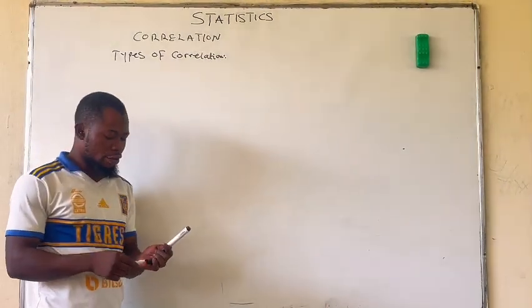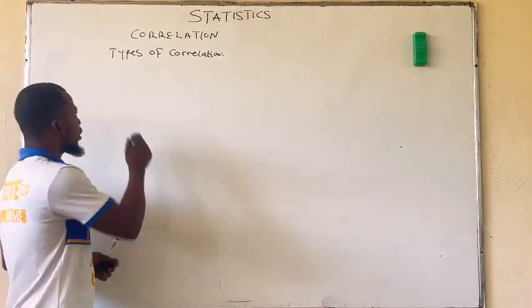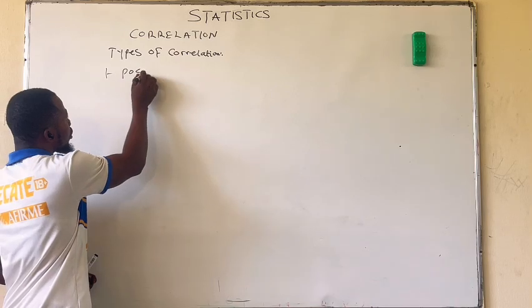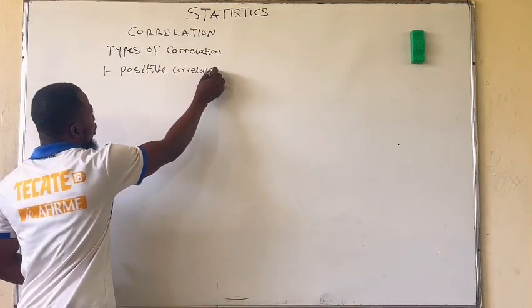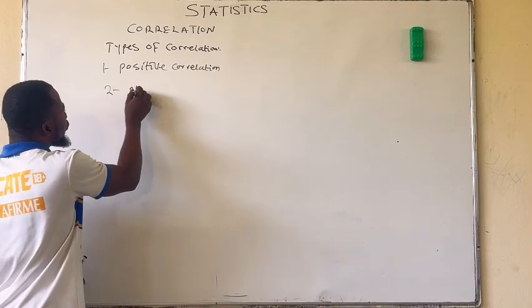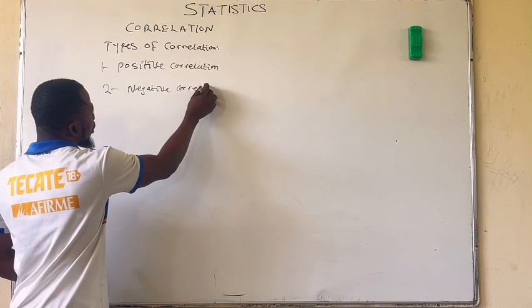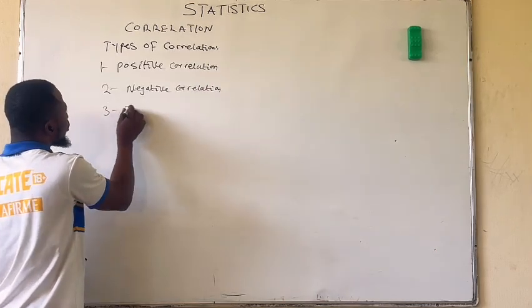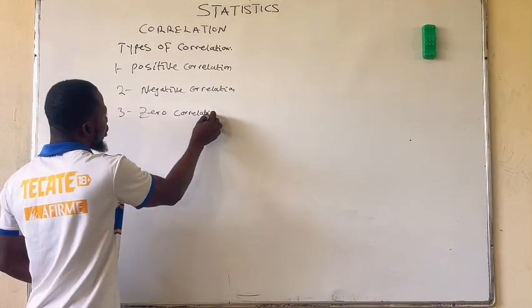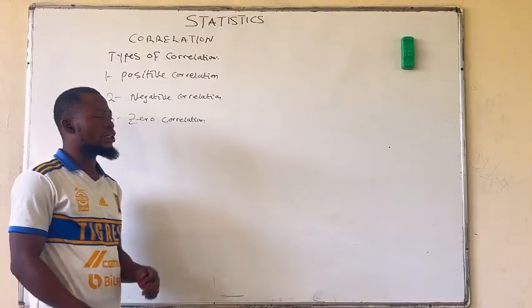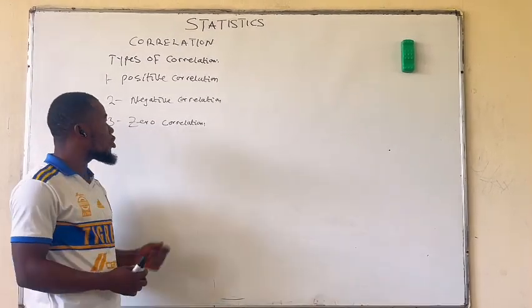The major ones are positive correlation, negative correlation, and zero correlation. So, based on the direction, we say there is positive correlation, negative correlation, and zero correlation.